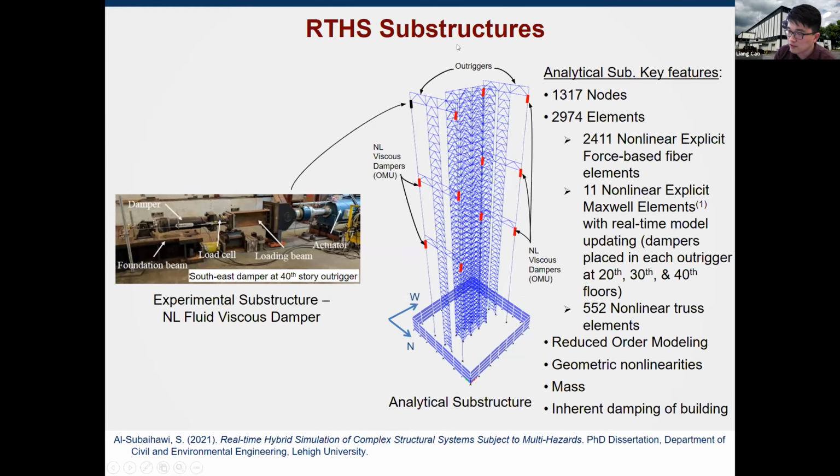What we do is install a total of 12 nonlinear viscous dampers in the outrigger columns, 6 on the east side and 6 on the west side. Since we only have one physical nonlinear viscous damper in the lab, which we assume is installed on the 40-story outrigger columns, the remaining 11 nonlinear viscous dampers are numerically modeled in the analytical substructures using explicit Maxwell elements.